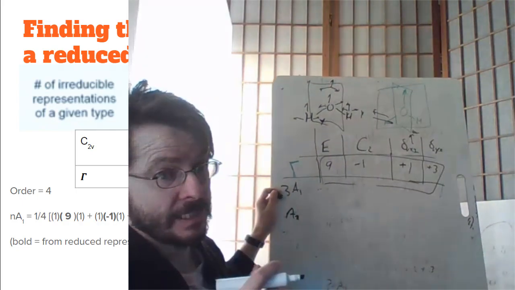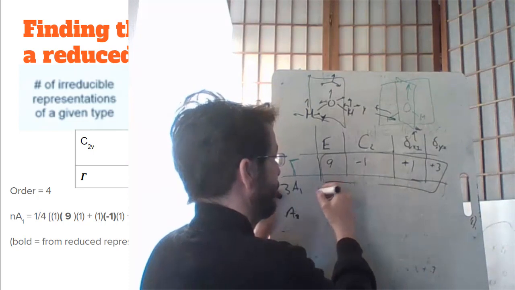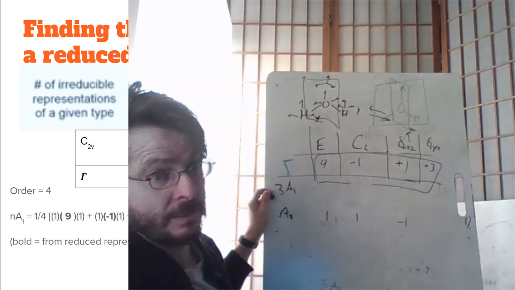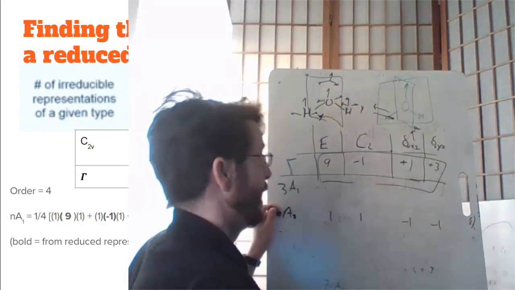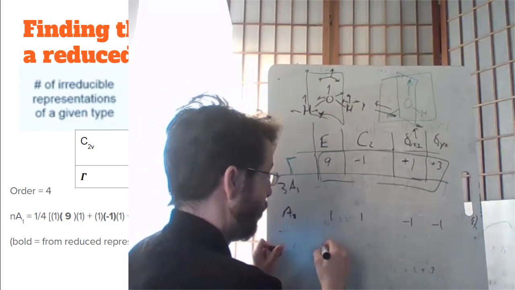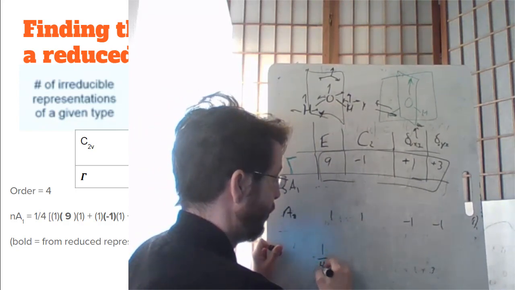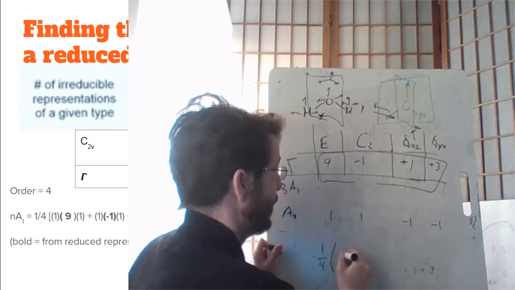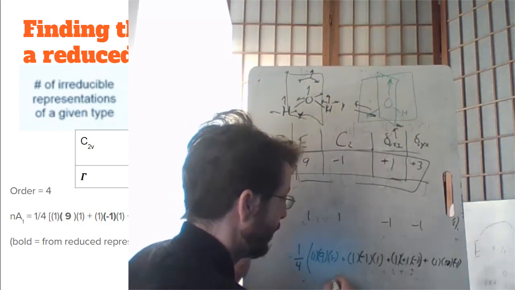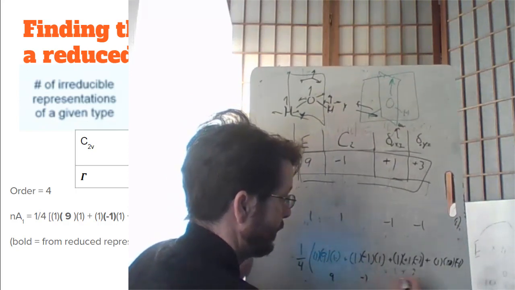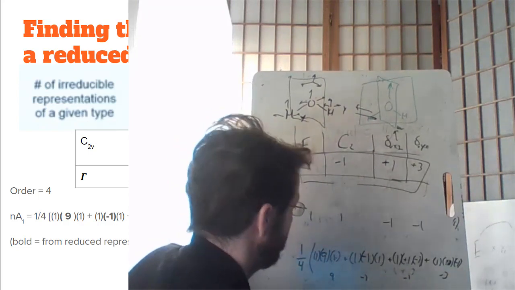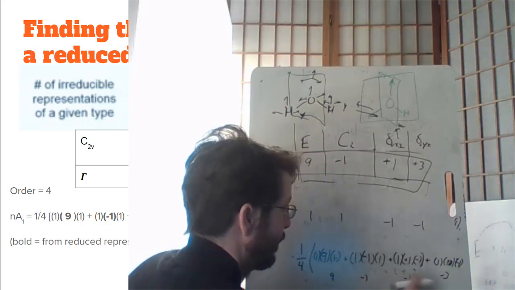So on our A2 representation, it's 1, 1, and so for A2, that's 1, 1, negative 1, and a negative 1. And so we can take our reduced representation again, and 1 over 4 times, in this case, 9, negative 1, negative 1, negative 3, 9 minus 5.